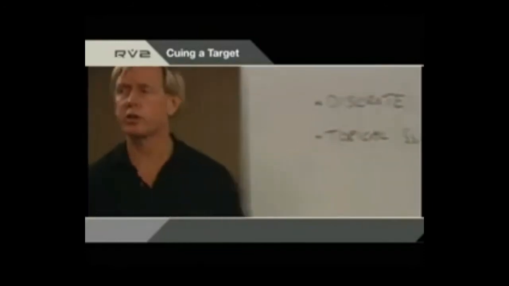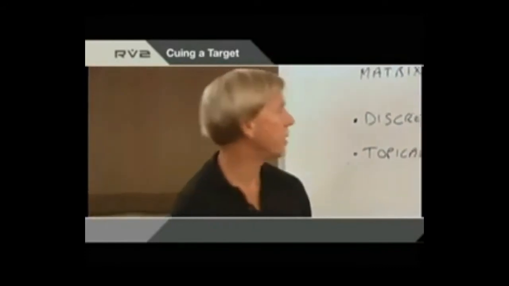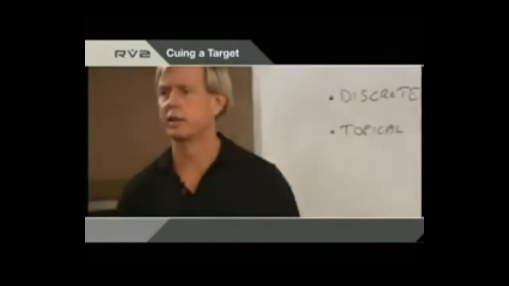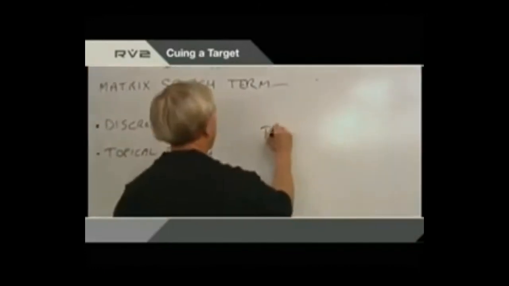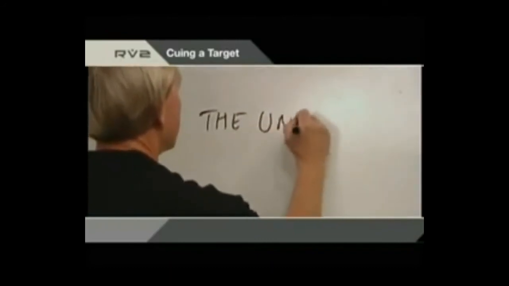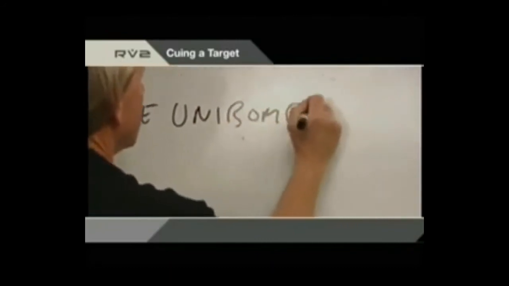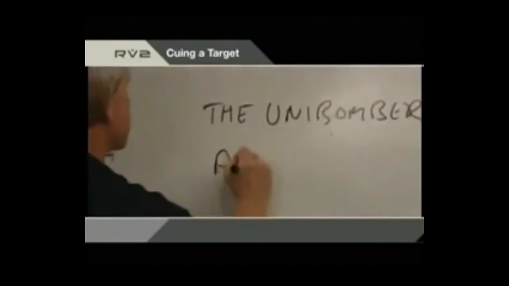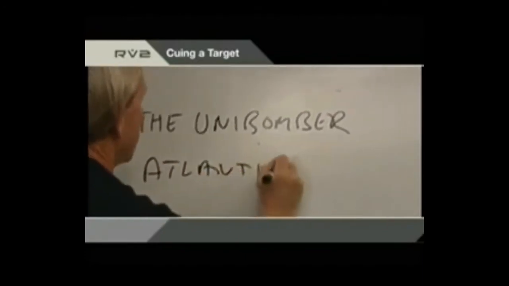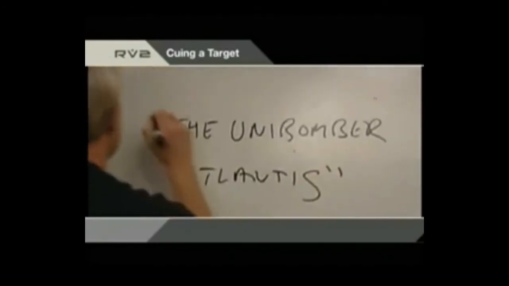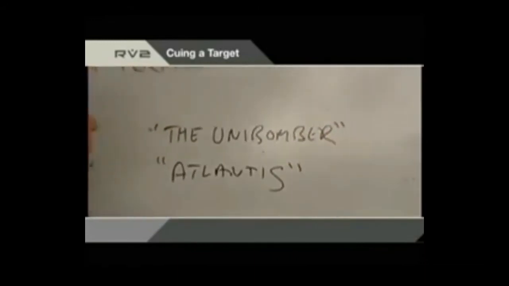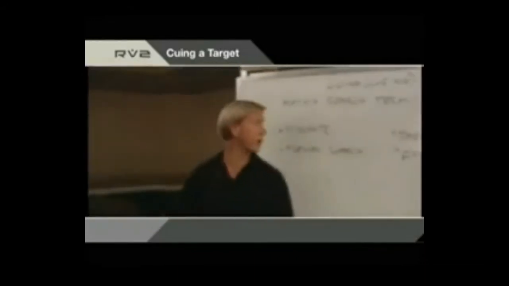Here we're not sure what the question is. When we set up the topical search, we use italics to differentiate that kind of session from a discrete target session. So things like the Unabomber, Atlantis, Quetzalcoatl, Malinche, whatever.